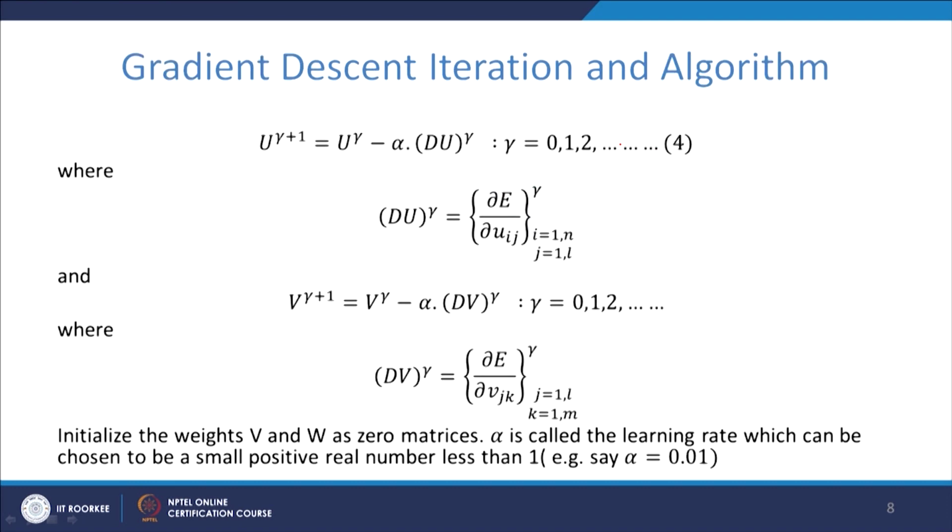So, to minimize the error, we use the gradient descent iteration as follows.